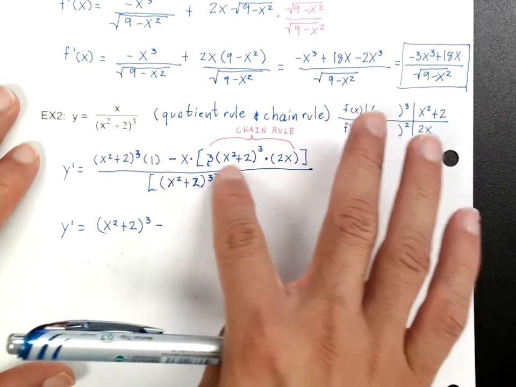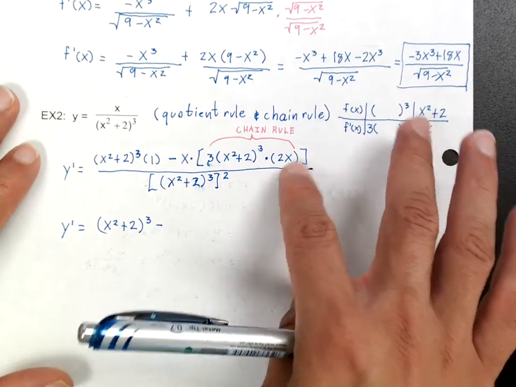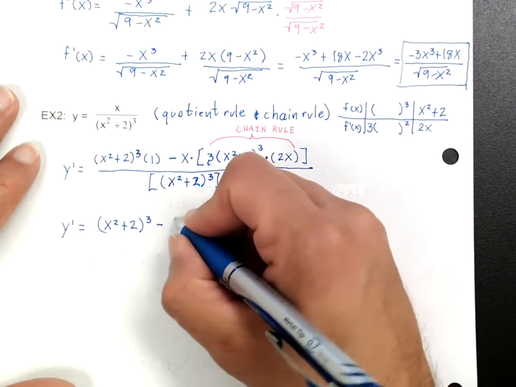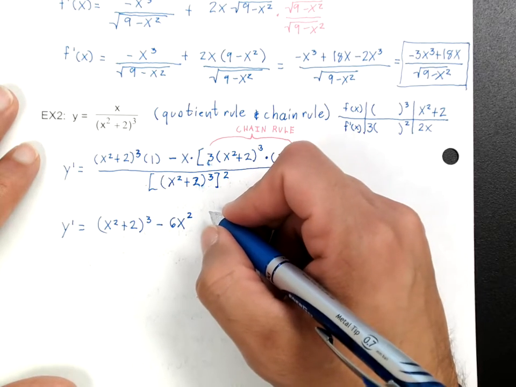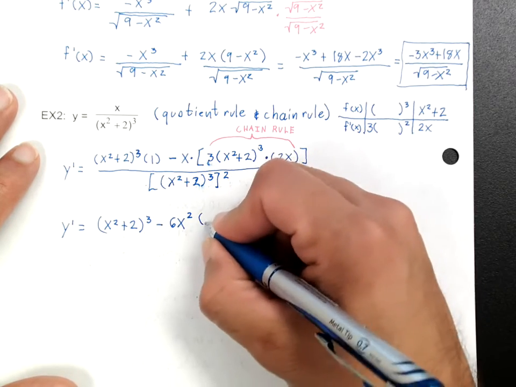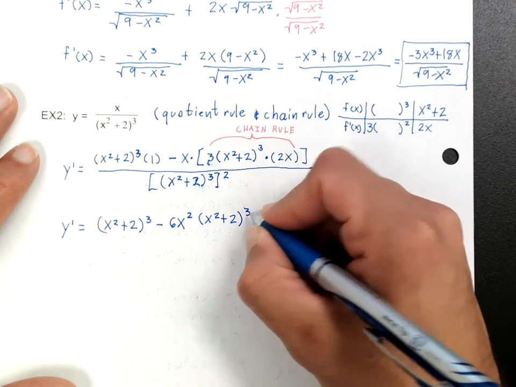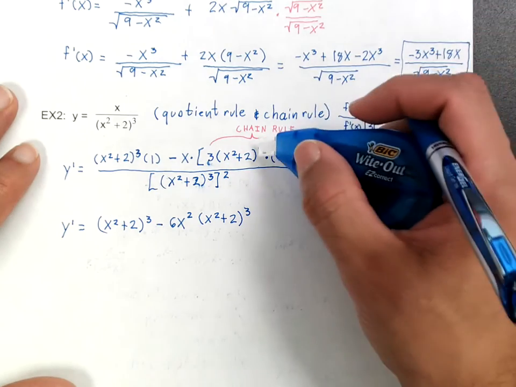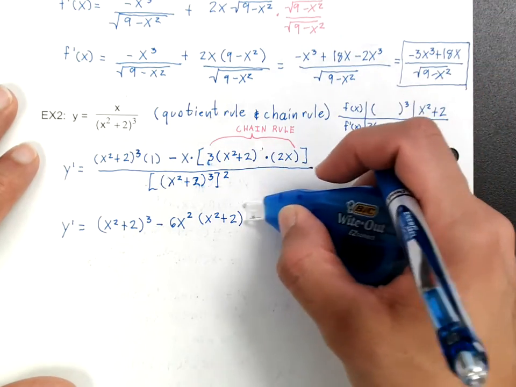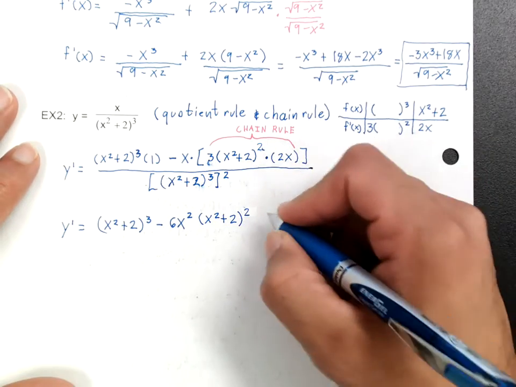All of this is multiplication, so I have negative x times 3 times 2x, which is going to give me negative 6x squared times x squared plus 2 cubed. Oh, sorry, square. Why would I write cube there? I'm sorry, that's supposed to be a square right there. My bad. So this is a square.